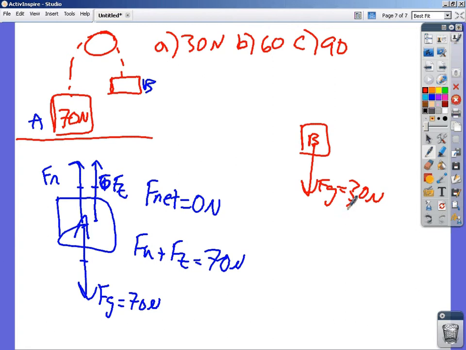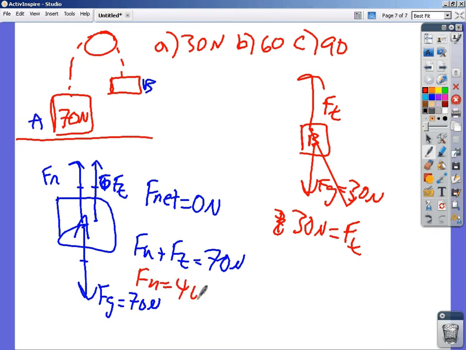What net force are we looking at on block B? 0. It's also at rest, right? So since the net force is 0, 30 newtons has to equal your tension force. And then substituting back over here, the normal force is going to equal 40 newtons, right? Hopefully I don't have to go through algebra.